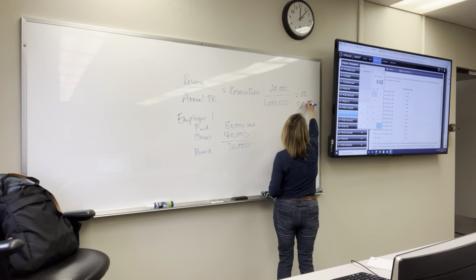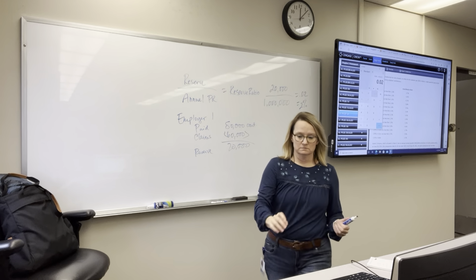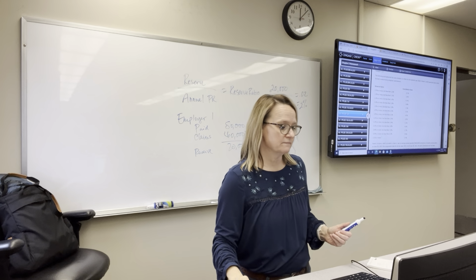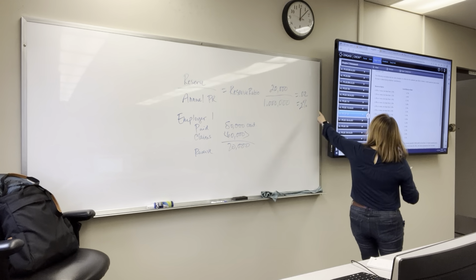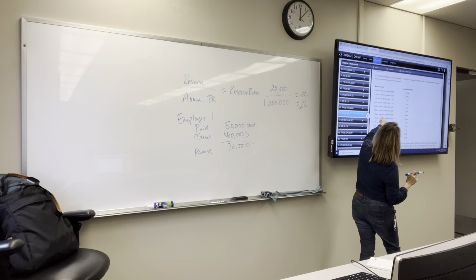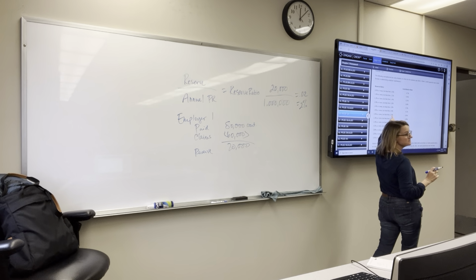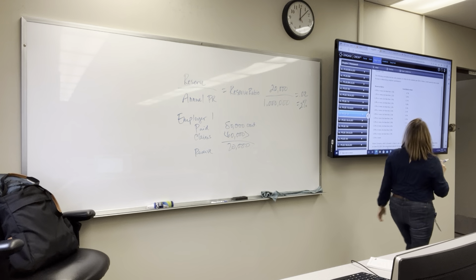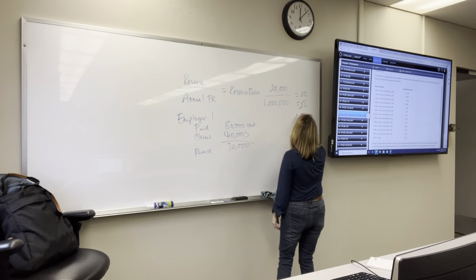So, in that case, we would look at the table, 2%. So 2% or more, but less than 2.2%, means we would have a contribution rate of 4.9%.